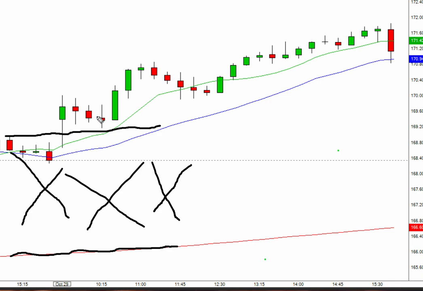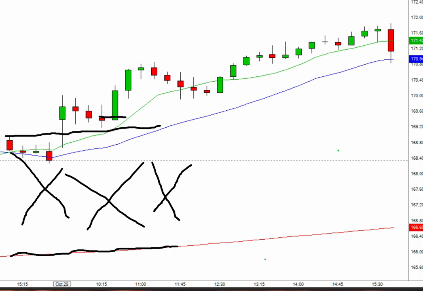Because what ends up happening is right here, when the green removes the red, that's the signal that this could potentially go long even more. And it does. It rips.